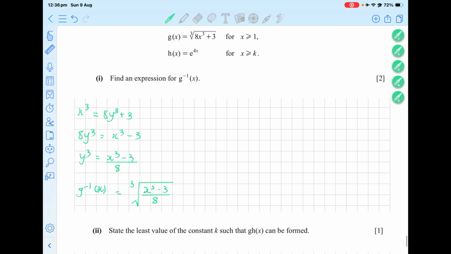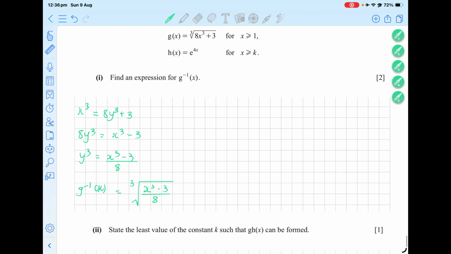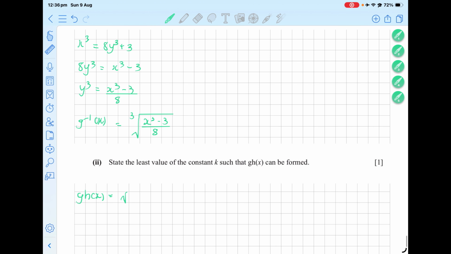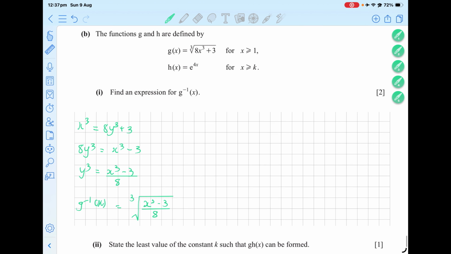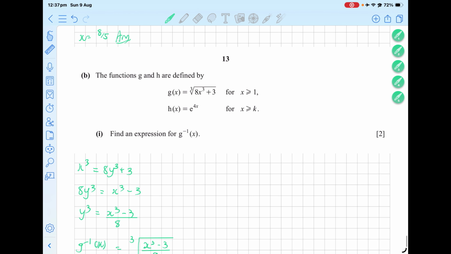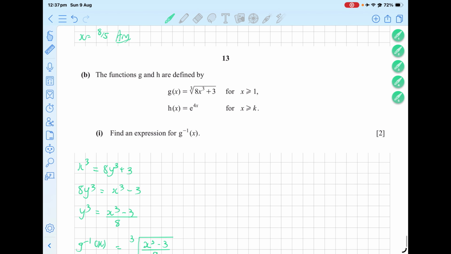So for g of h, how do I write g of h of x? So this is going to be the cube root of 8 e to the power of 12x plus 3.